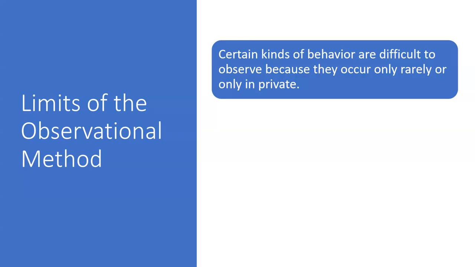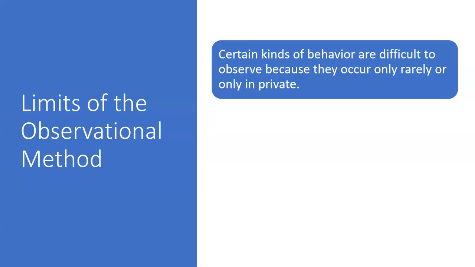Some kinds of behaviors are really hard to observe. Early researchers studying human sexual behavior ran headlong into that problem. People are private about their sex lives, so you can't really just hang out and watch. Unless it's in a very specific kind of context. There are actually loads of observational studies of the behavior of people in strip clubs, for example.